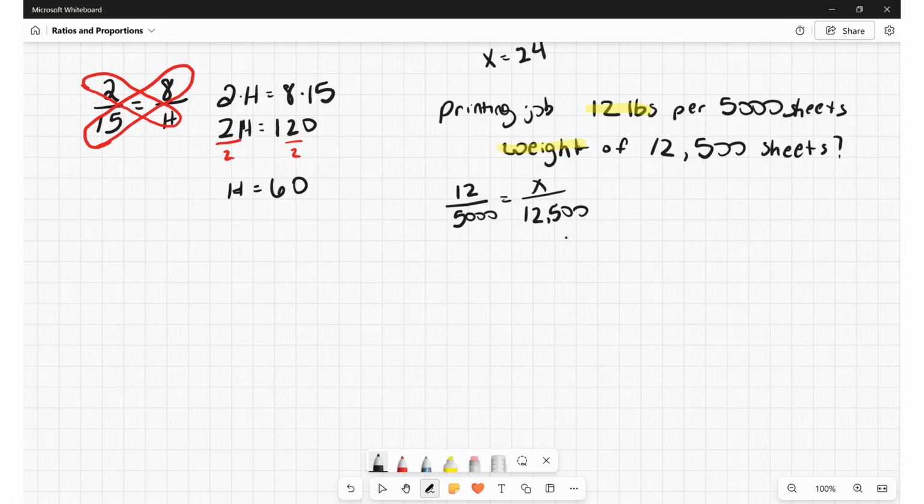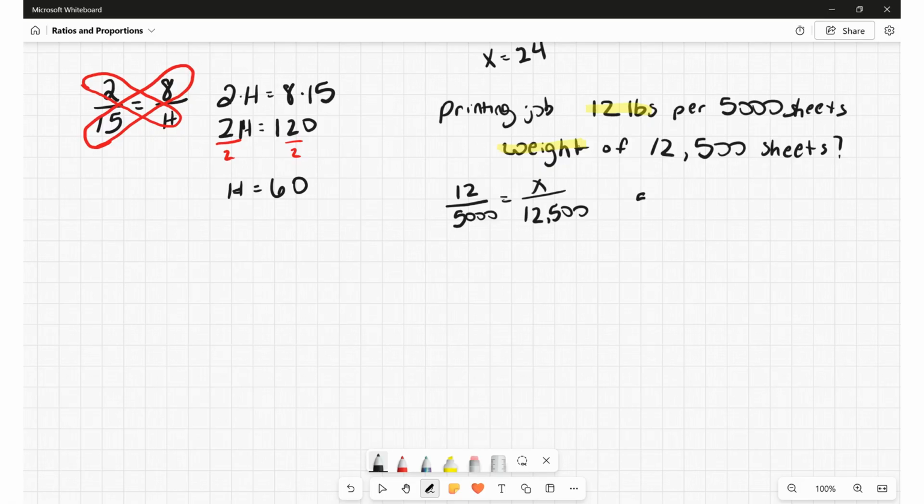Okay? And for this one, because it's not nice numbers that we can just decide in our head what they are, I'm not going to work this one out in a lot of detail like I did with the previous one.